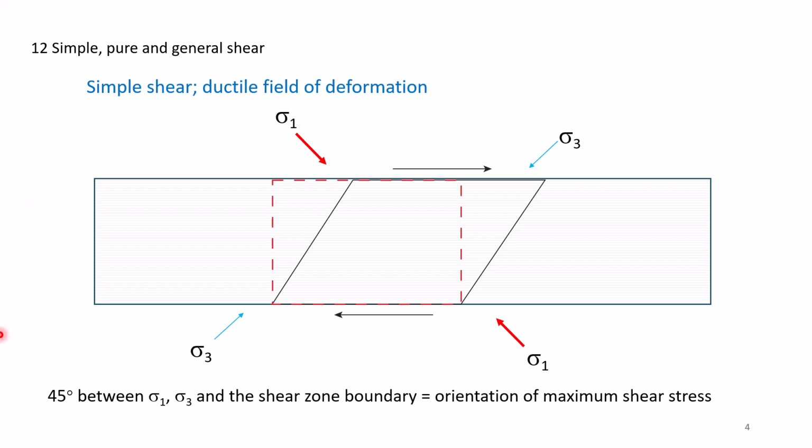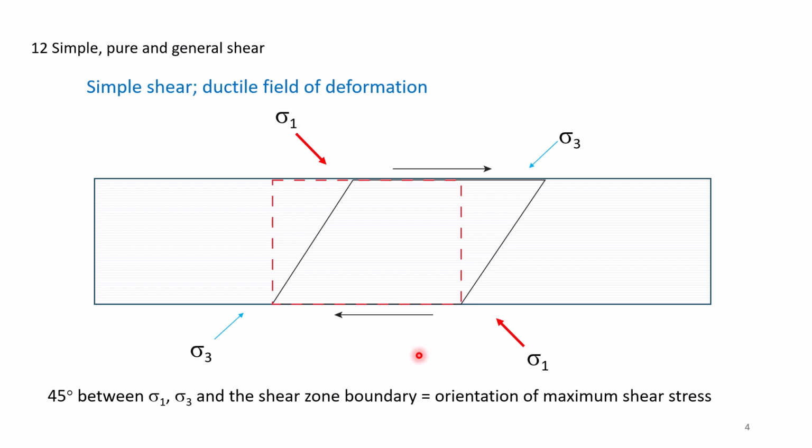This is an ideal case. 45 degrees exists between the sigma 1 stress vector we see here and the shear zone surface. Perpendicular to sigma 1, we would find sigma 3. Sigma 2 would be in the viewing direction, perpendicular to the surface that we are looking at.